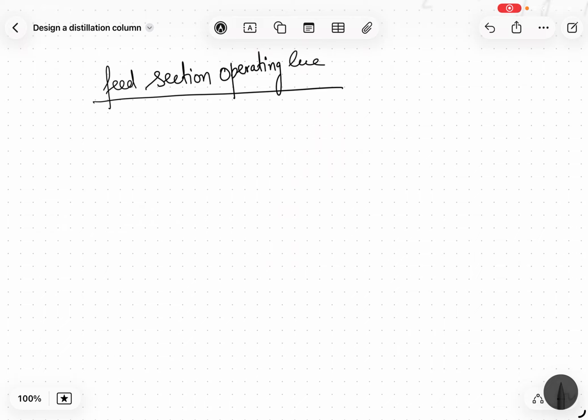On the feed tray, feed is coming in, some liquid is coming from the top, some vapor is coming from the bottom, and some liquid and vapor are leaving. The vapor coming is V F minus 1, and the liquid coming is L F plus 1.